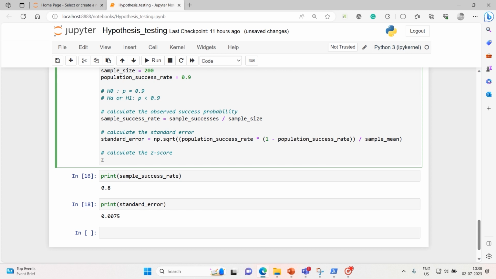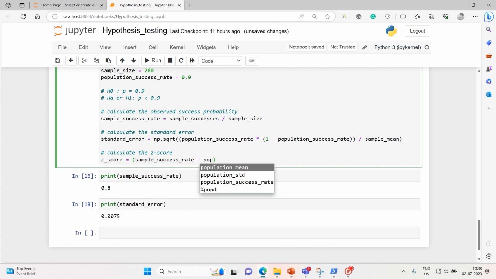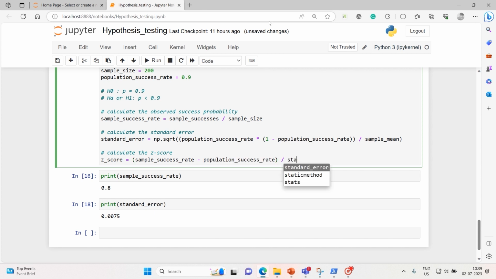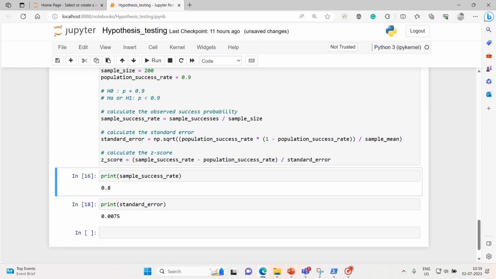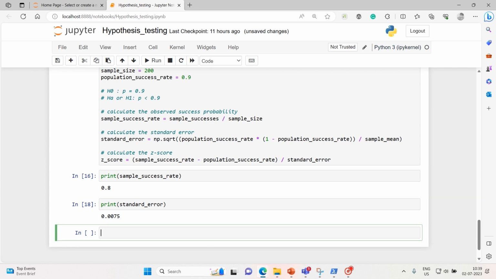So z-score is equal to sample success rate minus hypothesized success rate, which is nothing but the population success rate, divided by the standard error. Okay, let's print the z-score.